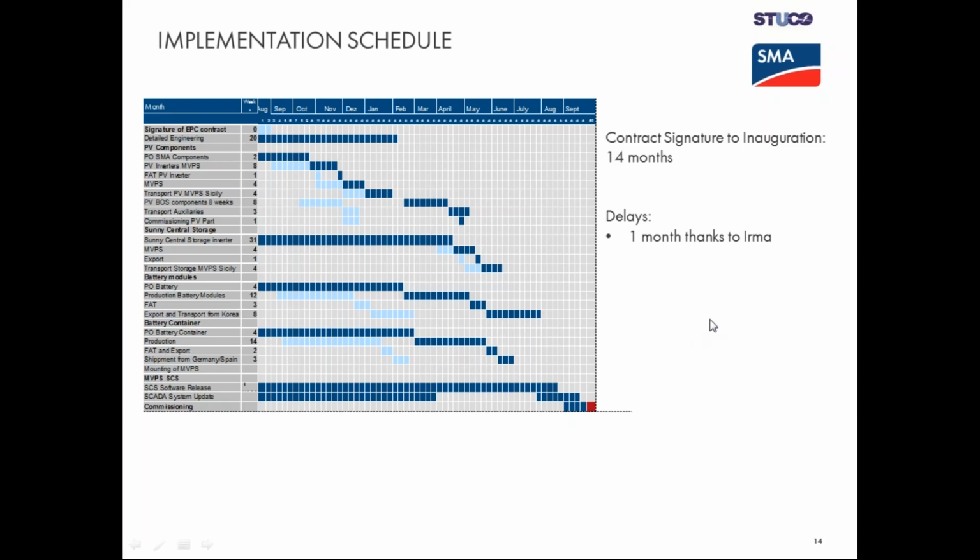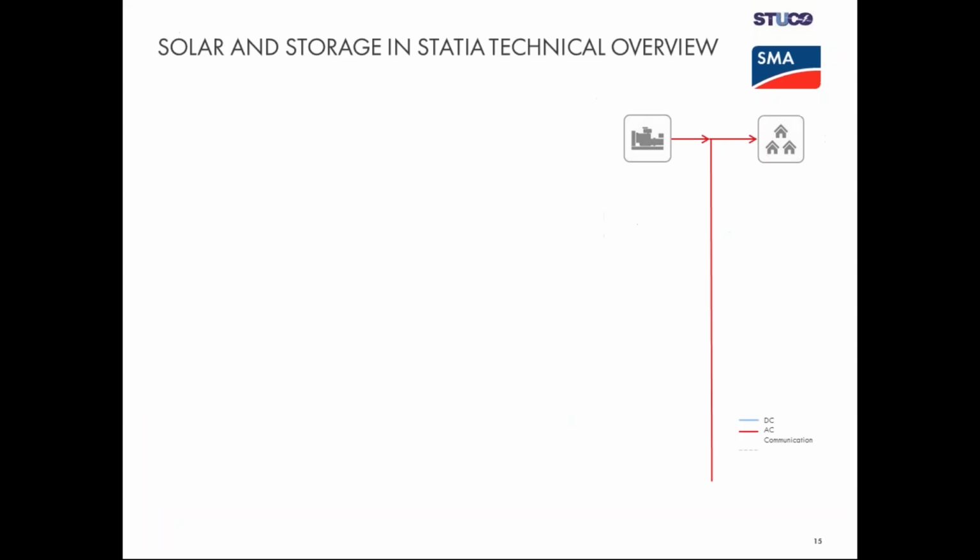We took our time to define very, very well all specification for the grid forming inverter, for the battery system, for the containerization. And it took us more time than we initially thought, but it paid off. Yes, so we could have the inauguration on the 15th of November, and we were very, very happy to present everybody a running system.